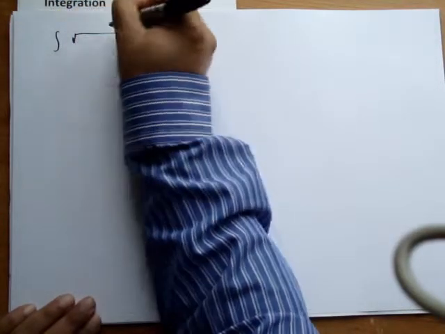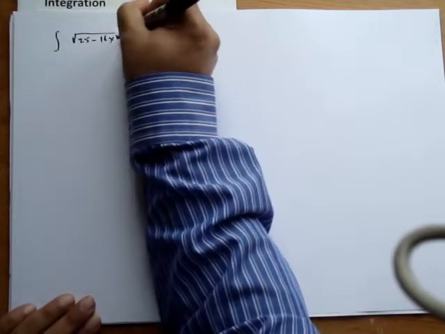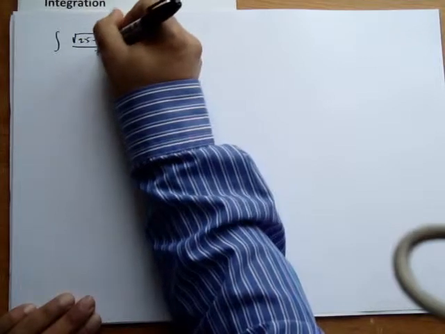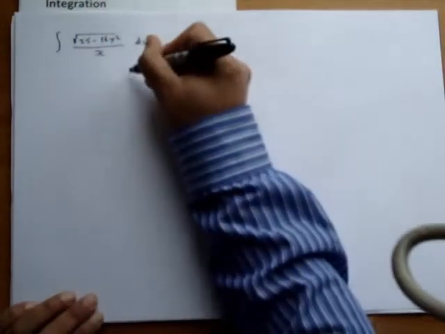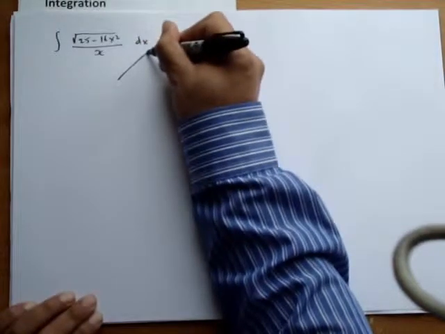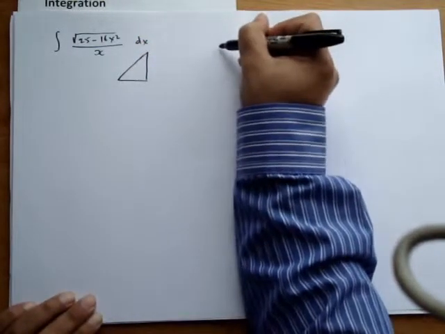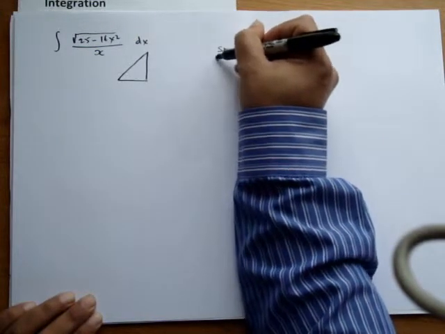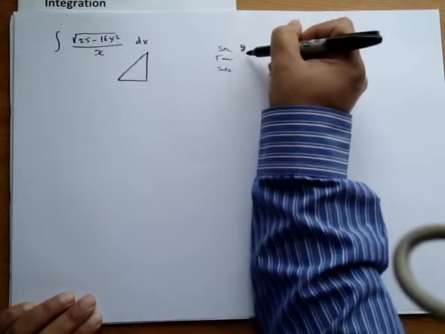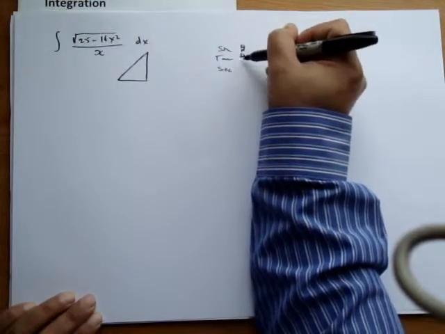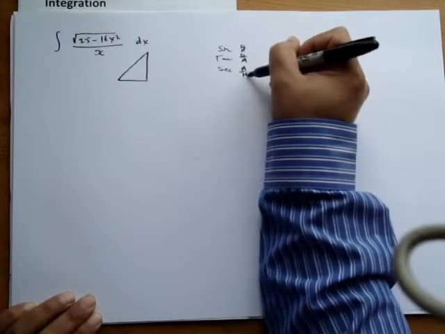Integral of the square root of 25 minus 16x squared over x dx. Let's draw a triangle. Sine, tan, secant: opposite over hypotenuse, opposite over adjacent, and adjacent over hypotenuse.